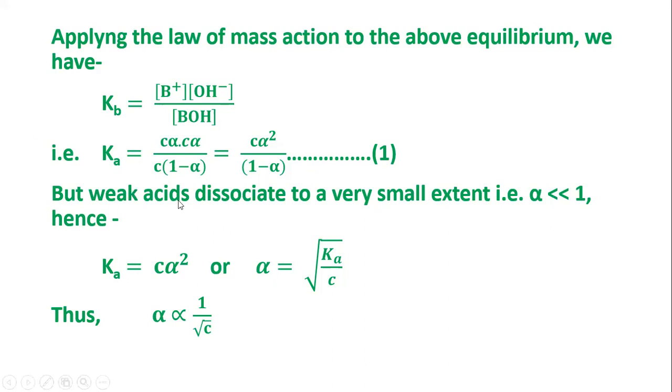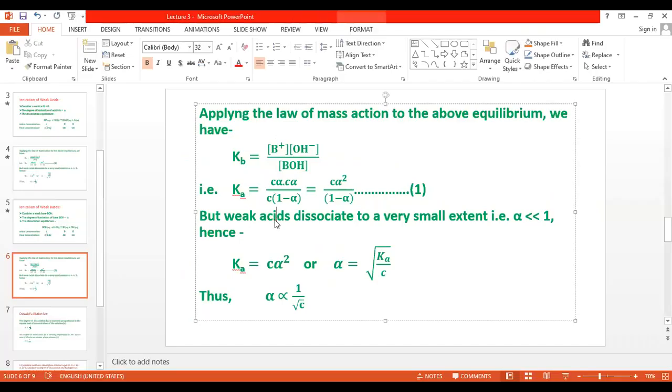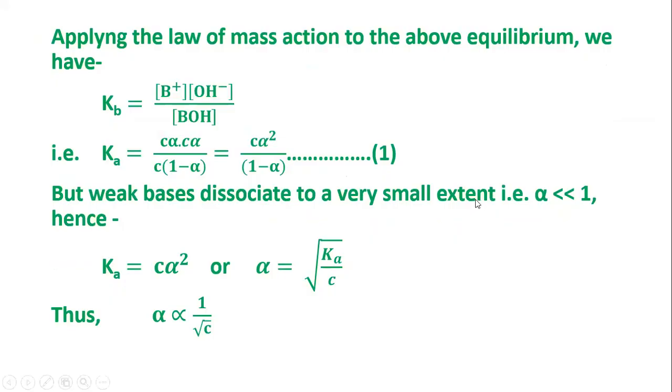But weak bases dissociate to a very small extent. That is, the degree of dissociation or degree of ionization for weak bases is much less compared to 1.